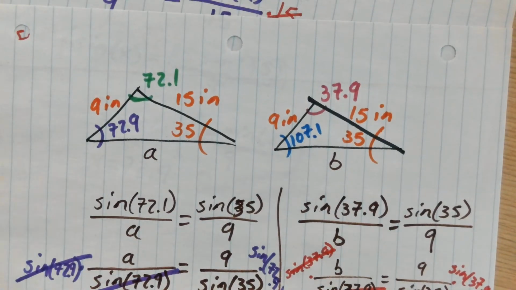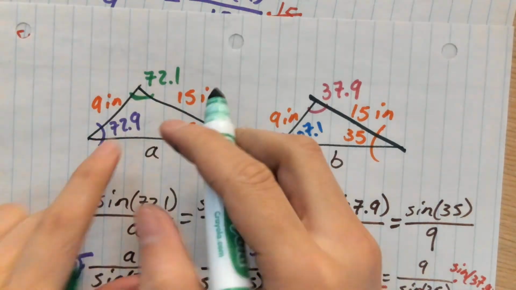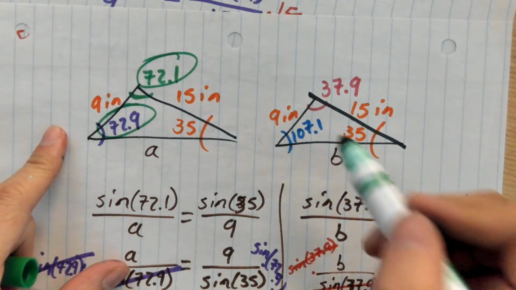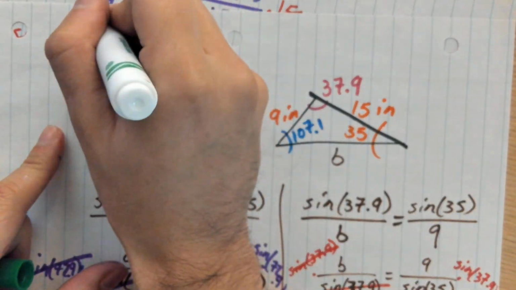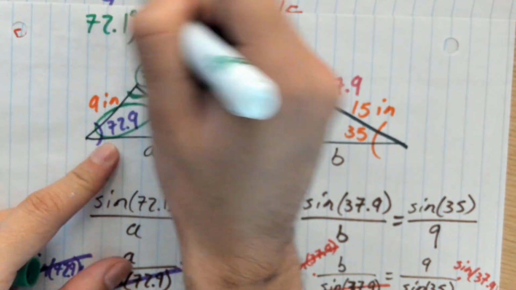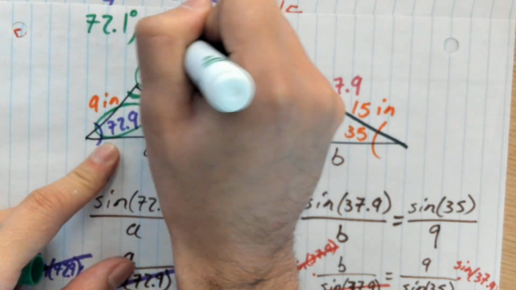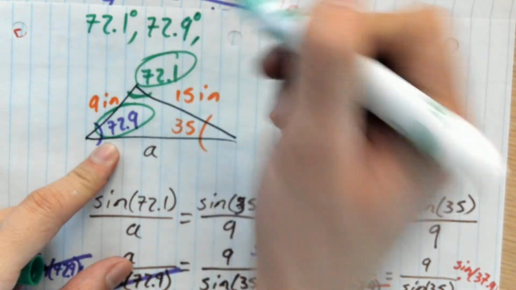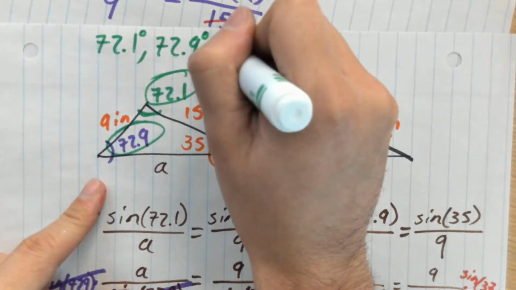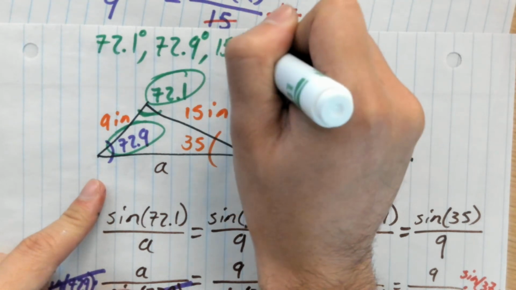So the things that you would have to put into Alex would be the angles that we found. For the first solution, you found 72.1 degrees. You also found 72.9 degrees. And you also found the side length A, which is 15 inches.